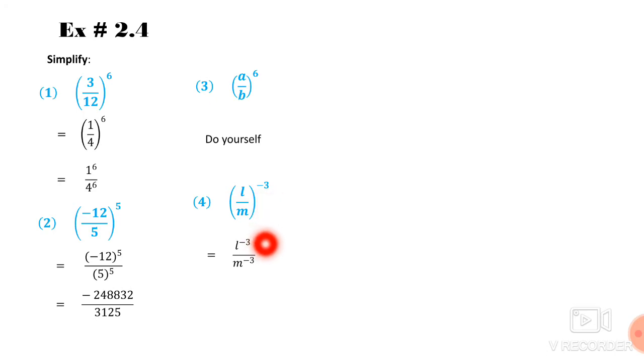It means L exponent minus 3, m exponent minus 3 and then reciprocal it. So it will be m cube upon L cube. We have both the options. We can change this negative exponent into positive exponent first and then apply the rule, or we can apply the rule first and then convert it into positive exponent. Both are the correct options.